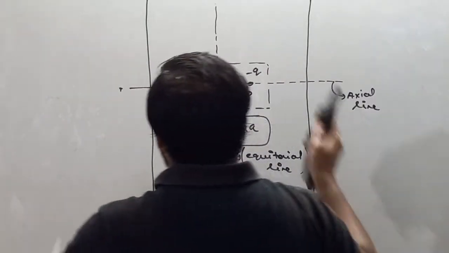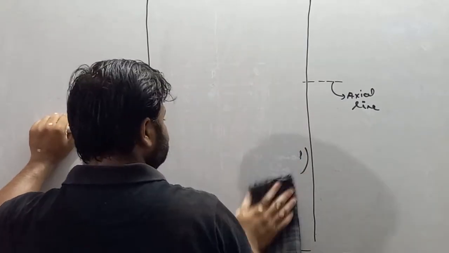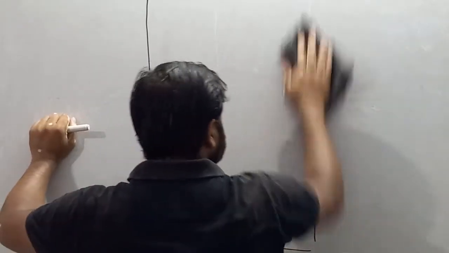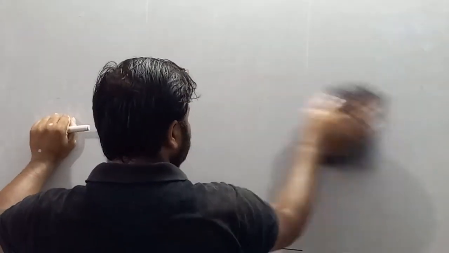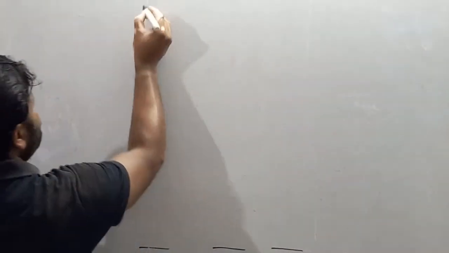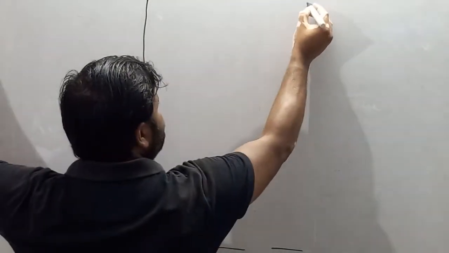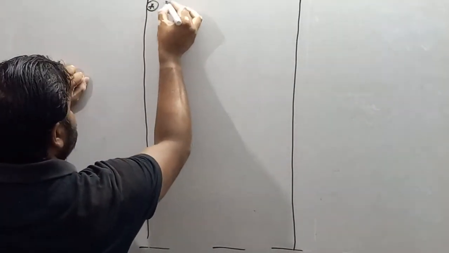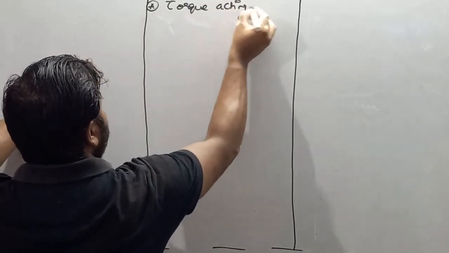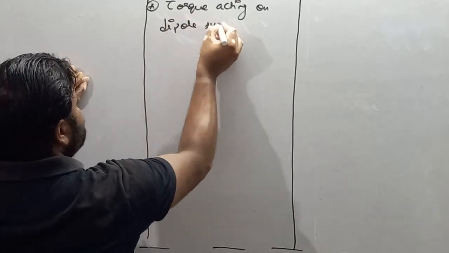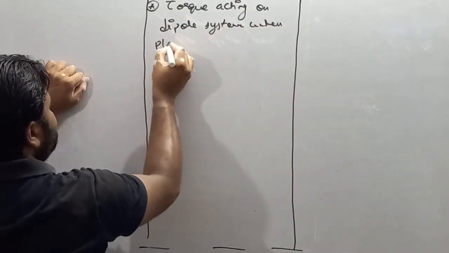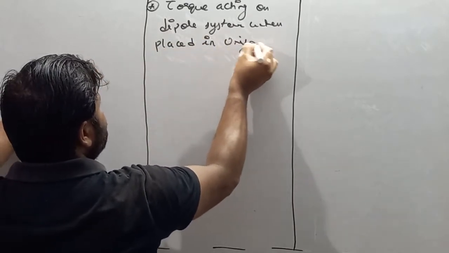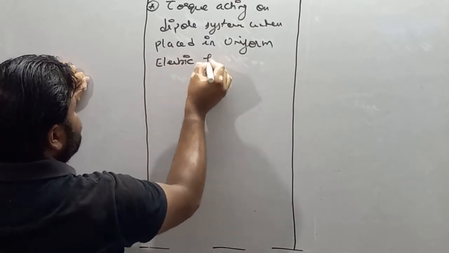Now we are moving forward. Write down today's heading, that is: torque acting on a dipole system when placed in a uniform electric field.